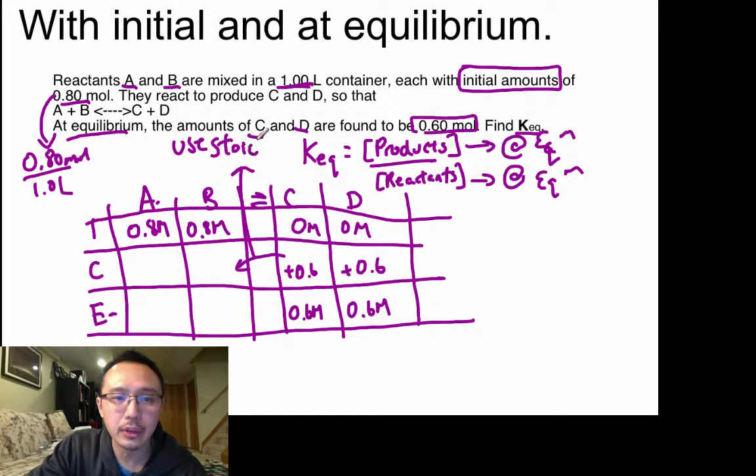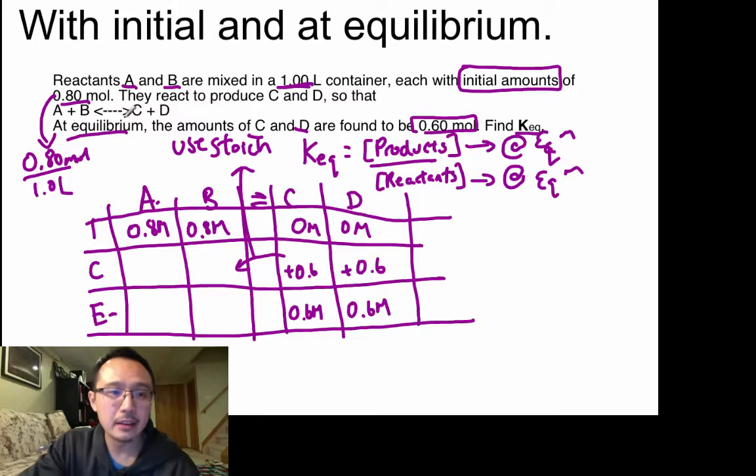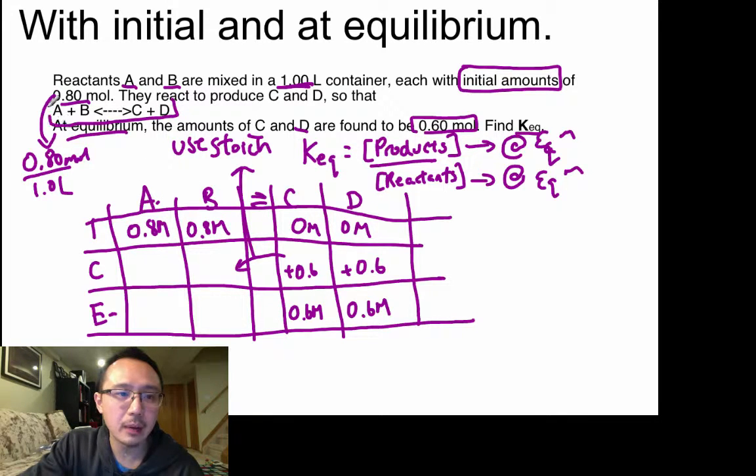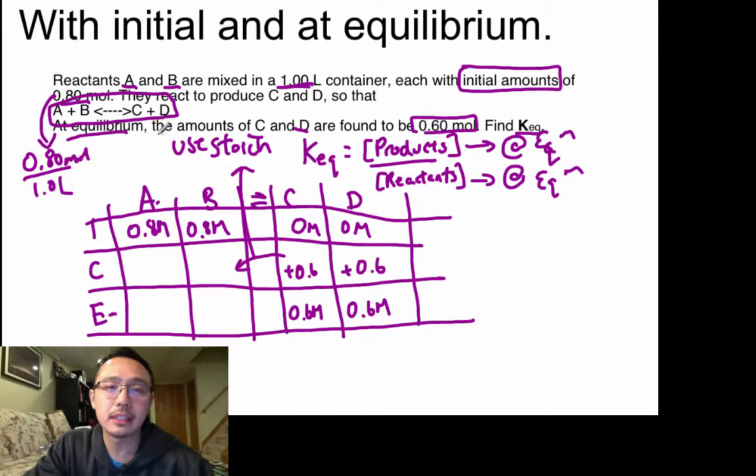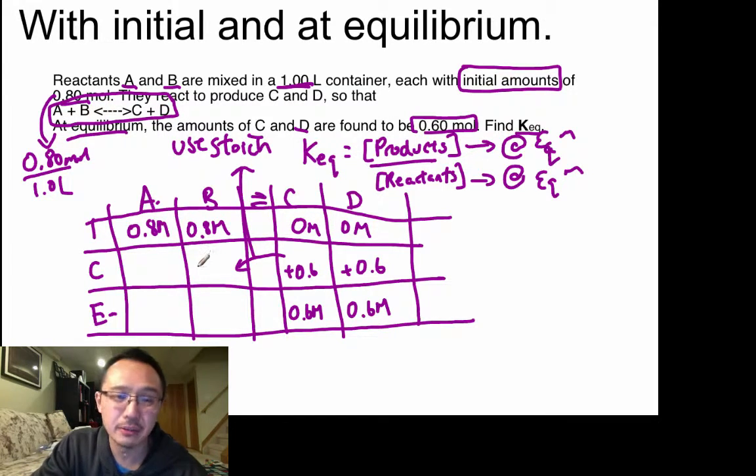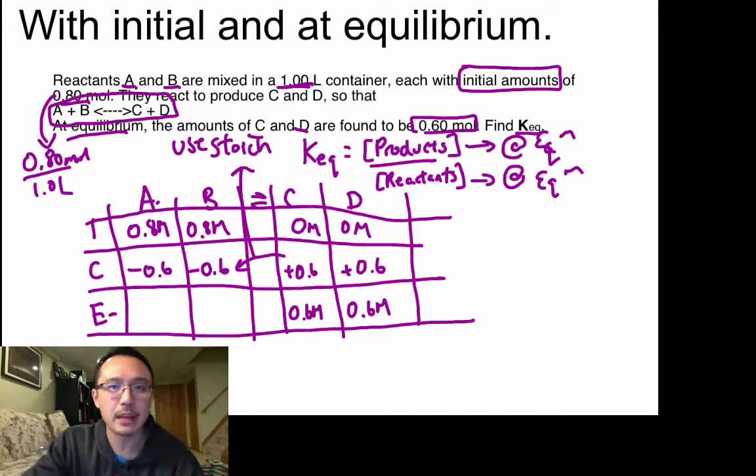Conveniently enough, in this reaction, A plus B yields C and D, there's only 1, 1, 1, and 1. That means the ratio is just 1 to 1 to 1 to 1, so you'll get 0.6 and 0.6. Since these are your reactants, you're going to have a negative sign and a negative sign because they're taken away. That's the amount of moles that gets used up.